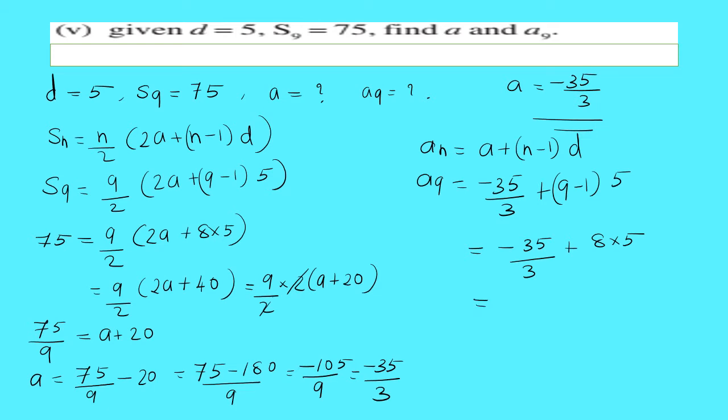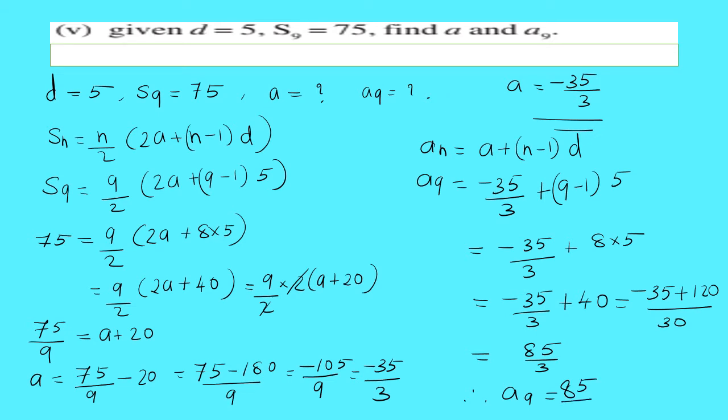That is equal to minus 35 upon 3 plus 40. That you can write as minus 35 plus 120 upon 3. That is equal to 85 upon 3. Therefore, a9 equal to 85 upon 3. So you find out a as minus 35 upon 3 and a9 as 85 upon 3.